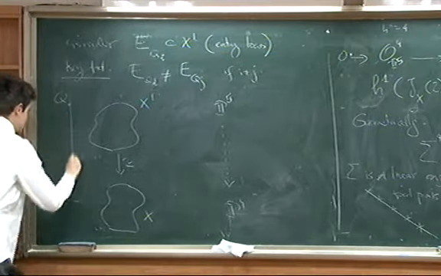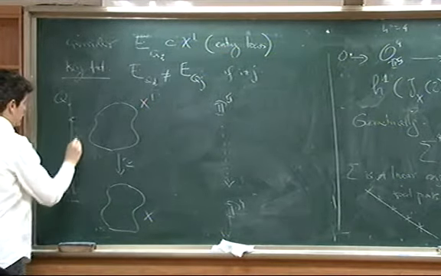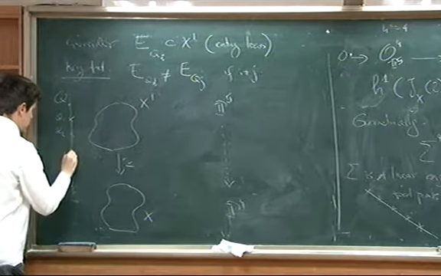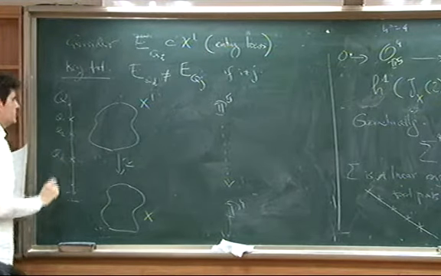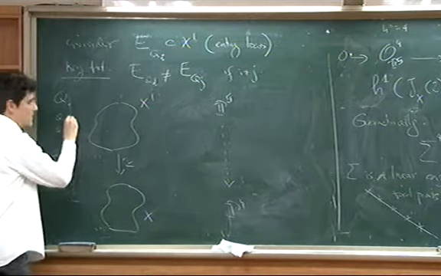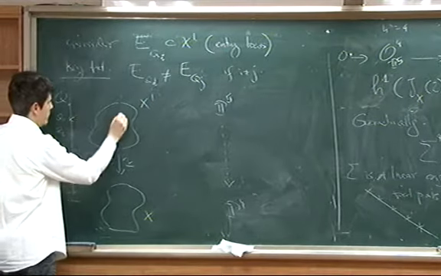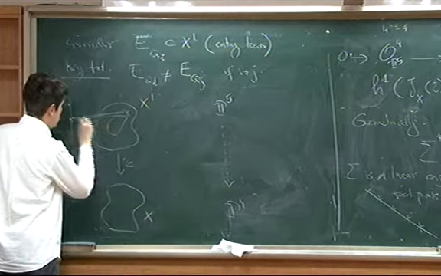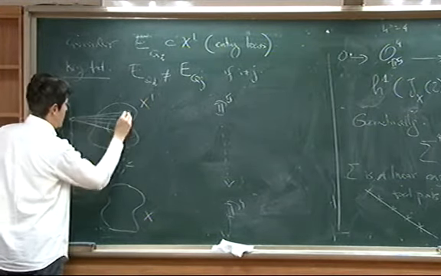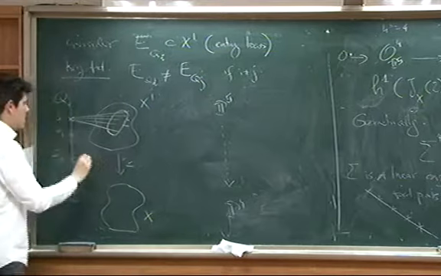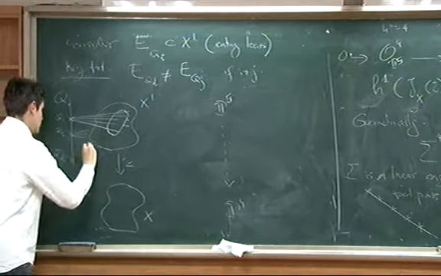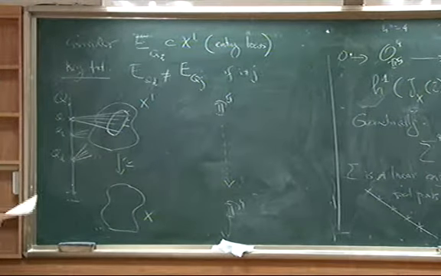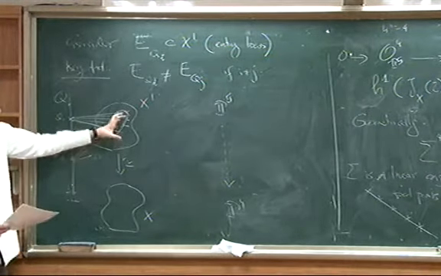So this line intersects here in the points Q1, Q2, Qd, and I consider the entry locus of these points. Okay, so here I have something like this, and I consider the entry locus here, right? And the same for the other points. And I claim that the entry loci cannot coincide.